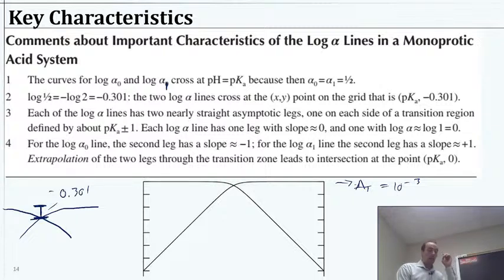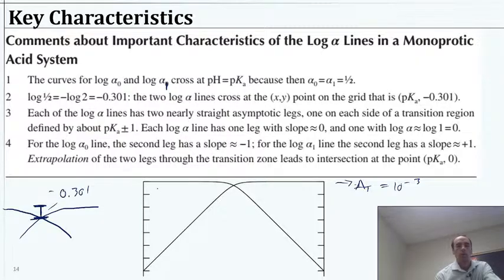Okay, so then point 3 says each of the log alpha lines has two nearly straight asymptotic legs. That's out on the left and out on the right, where the slope is approximately 0 and log of a is approximately log of 1, which would be 0, right?